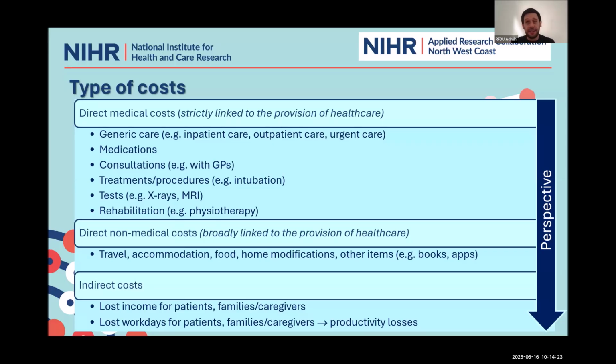Okay. And I think you got some examples in some of the papers the teams are analyzing that possibly embrace a societal perspective. But as a minimum, at least in the UK, economic evaluations should look at costs from the healthcare or the social care system perspective. Any questions so far?